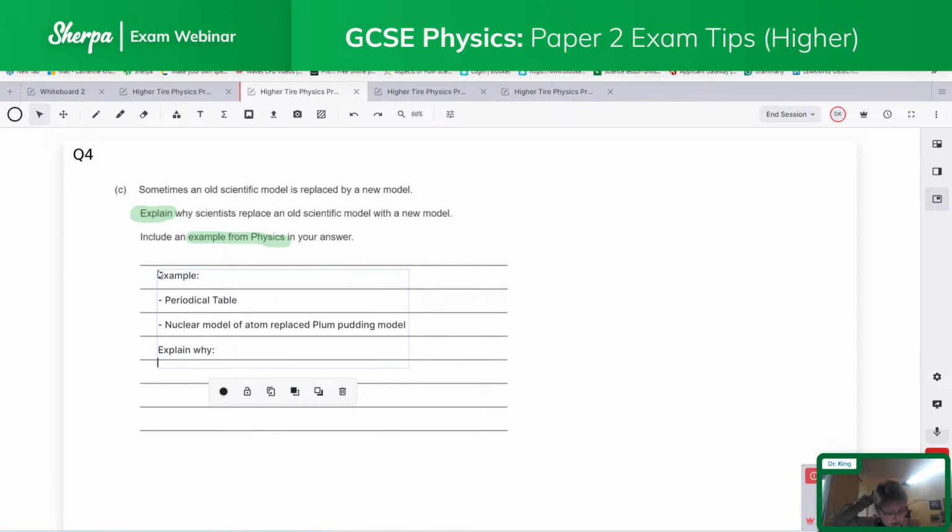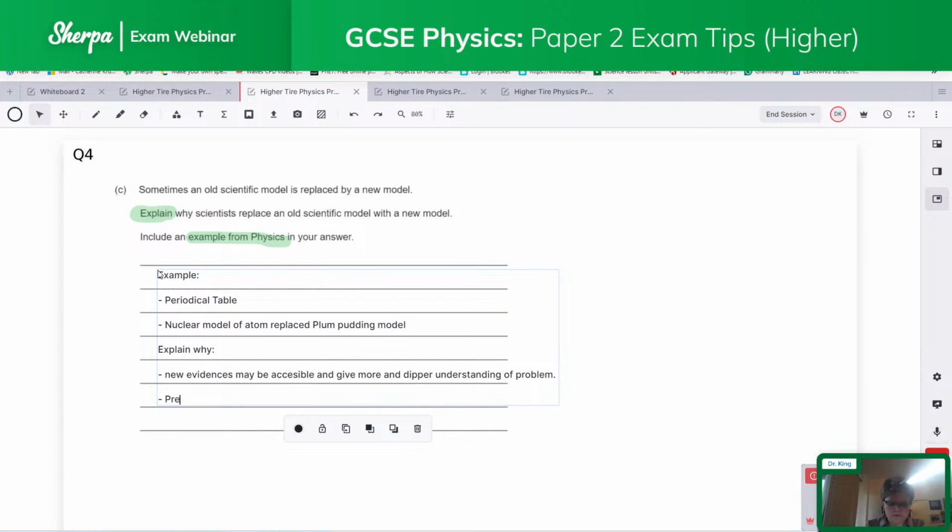Why? At this point, I will give the explanation that new evidence may become available. New evidence may give a deeper understanding of the problem, or predictions used in the old model can change and not fit anymore.